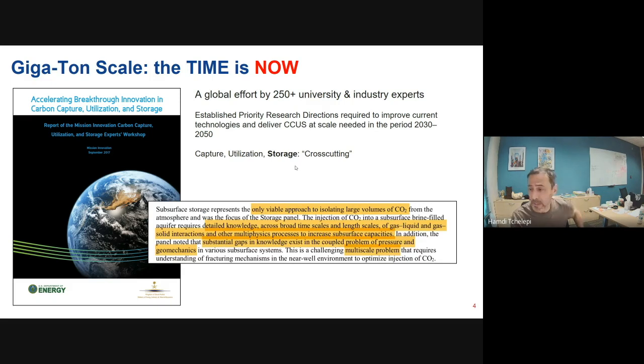And when I say large enough scales, you have to think of many gigatons per year for the next 30, 40 years. That is a lot of CO2 to put away. It would be equivalent by many calculations to the entire size of the hydrocarbon producing industries today.